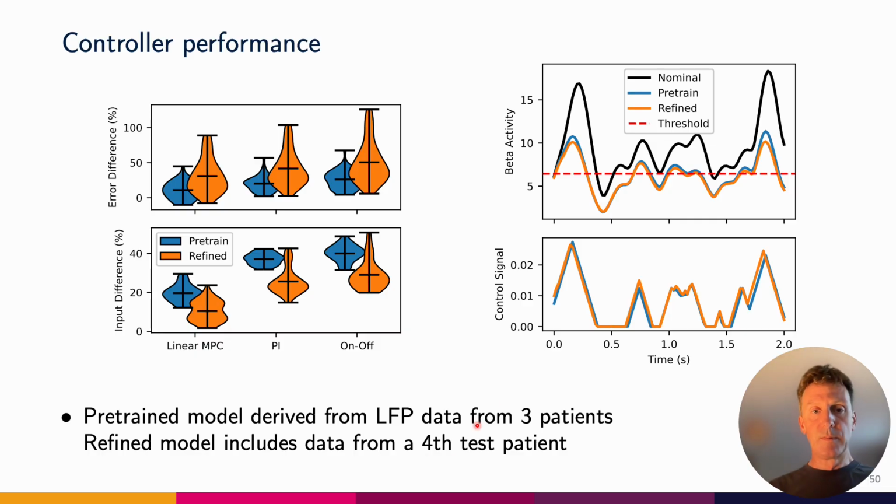So when we apply both these controllers to the 4th patient, you can see that the refined model, as is to be expected, performs slightly better in this plot in terms of beta suppression. Probably more importantly, over a wide range of conditions, the refined model gives us, in general, much better performance than the pre-trained model. But the pre-trained model still performs better, on average, than linear MPC, proportional integral feedback, or the on-off control.